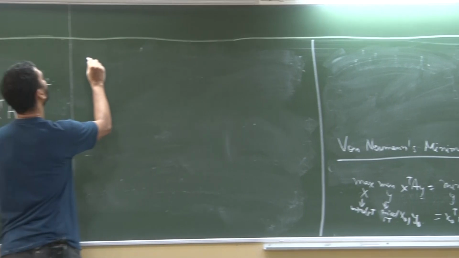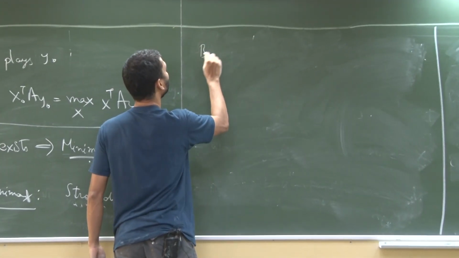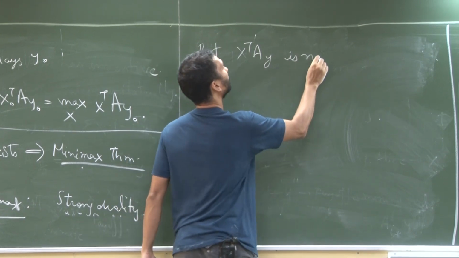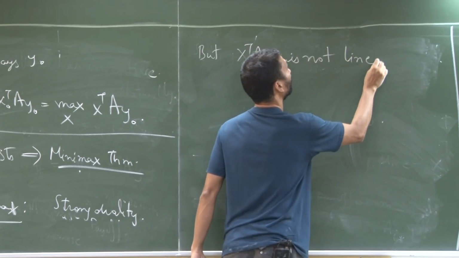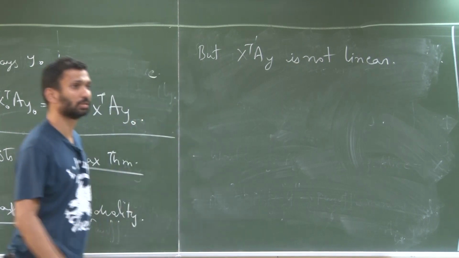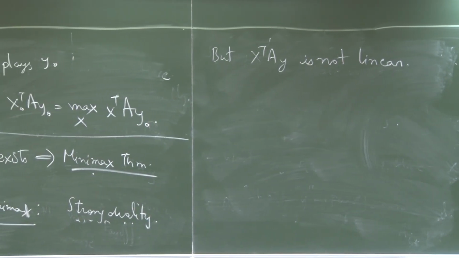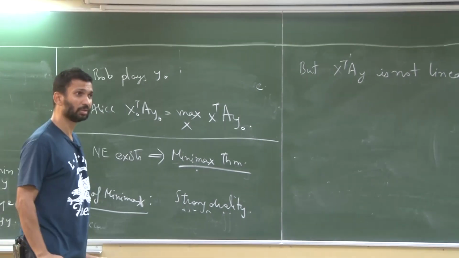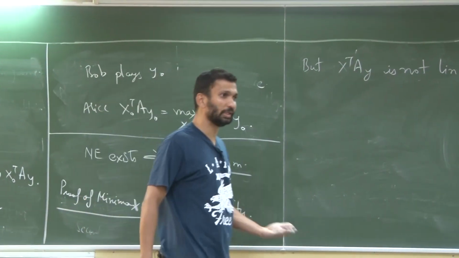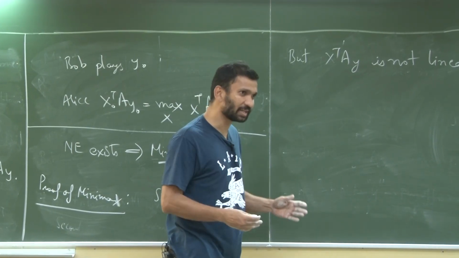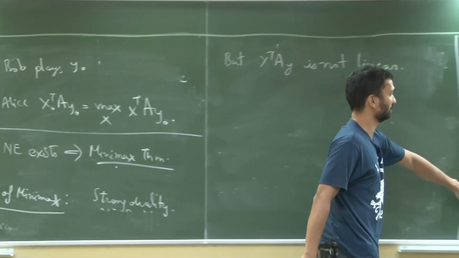So, the idea is great, but it is not linear. Okay? Clear? So first thing is to convert it into a linear program. So the proof of von Neumann's Minimax theorem is basically how to view this as a linear program.